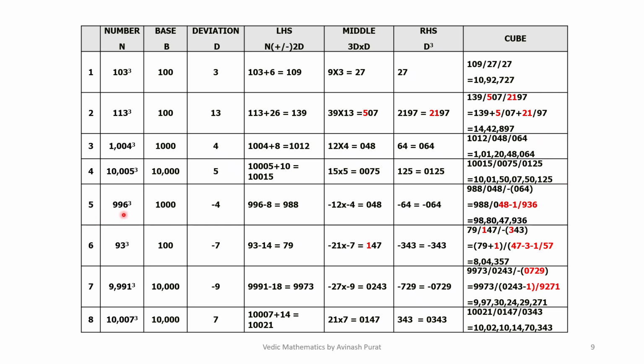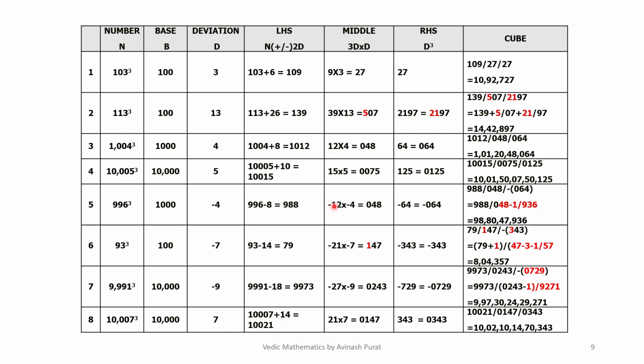Fifth example is 996 cube. Base is 1000. Deviation is -4. So LHS is 996 minus 8 equal to 988.